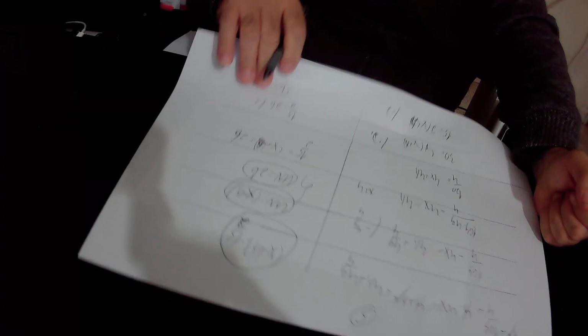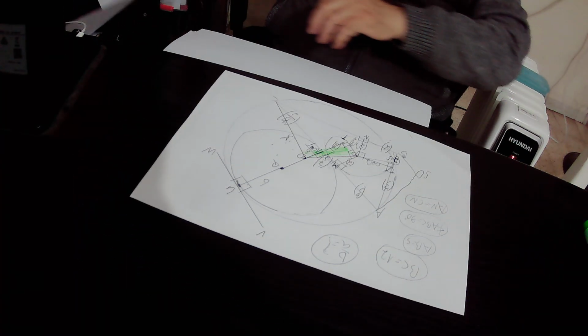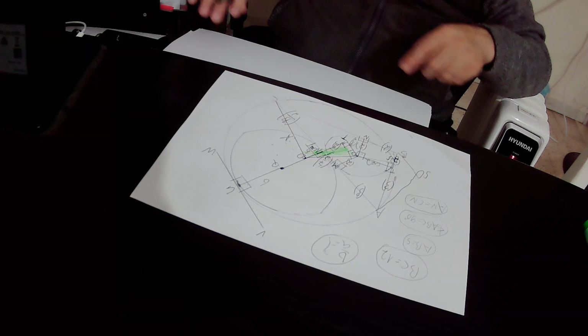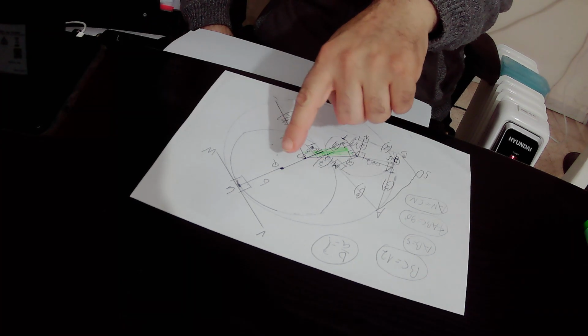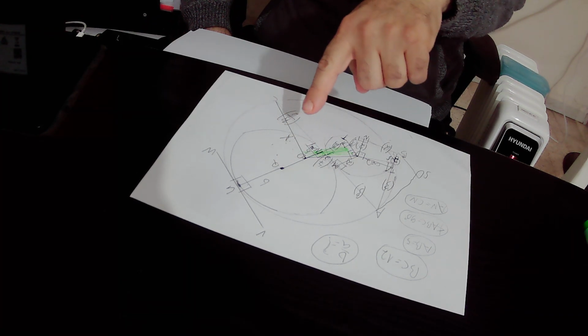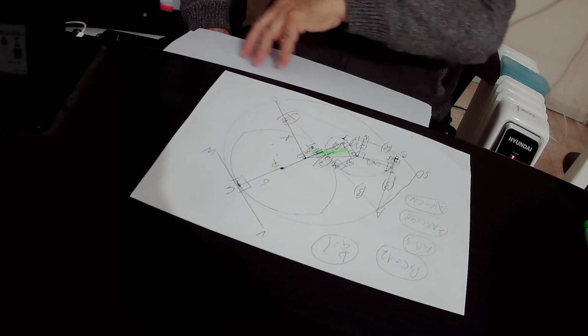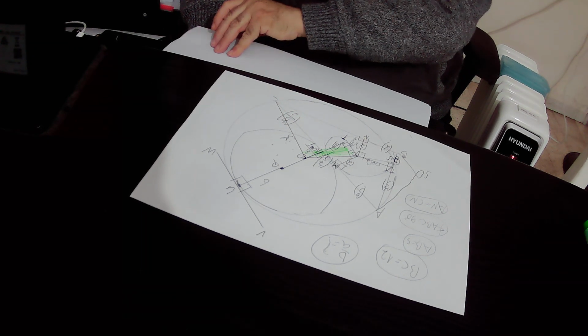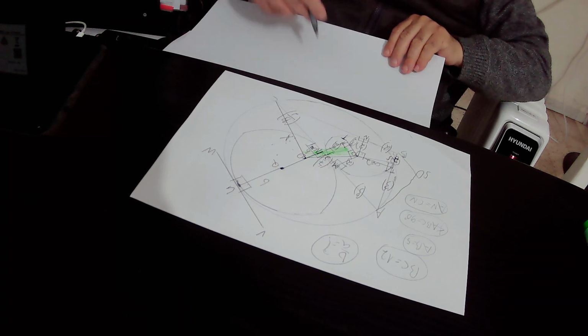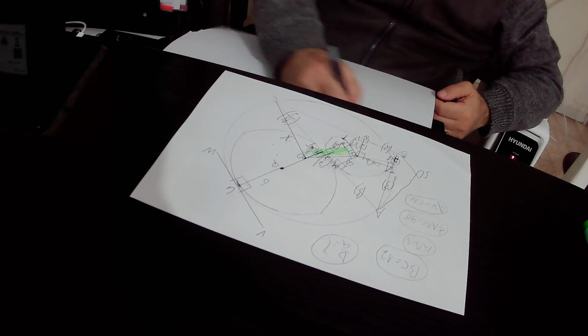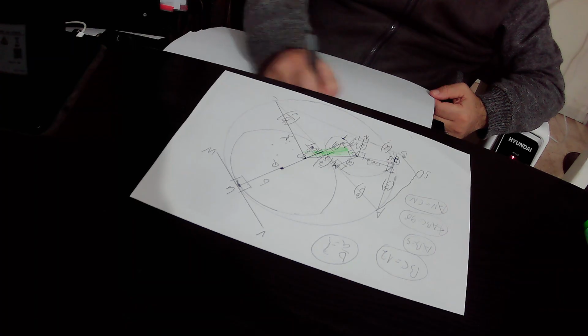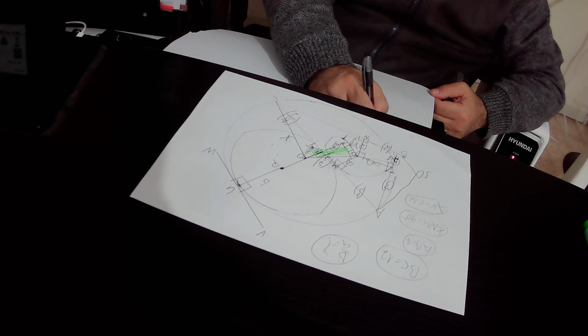So we found out that the length of this radius b is 15 over 4 units.